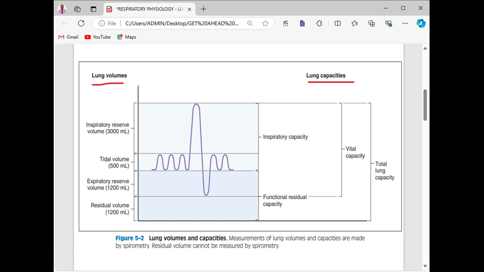In other words, total lung capacity represents the sum of all the lung volumes.